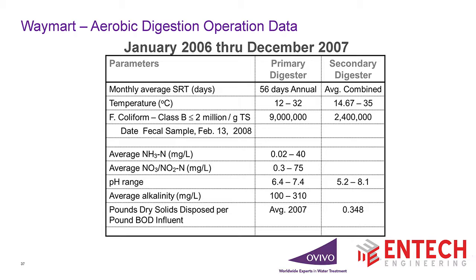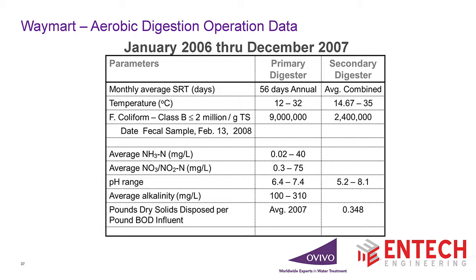We went back, and these are small plants. The operators don't like to spend a lot of time analyzing, so we'd go back and try to push them to get some operating data. So back in '06 through '07, 56 days average solids detention time. Temperatures dropping a little bit in the primary in the wintertime, coming back up in the secondary. Not quite as good, the fecal numbers, but overall it was still a Class B product.